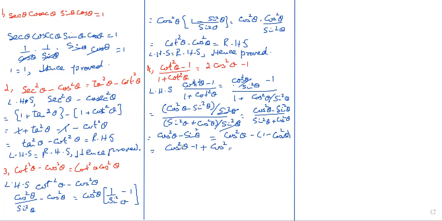So now cosine square theta plus cosine square theta is 2 times cosine square theta minus 1, which is equal to the right hand side. So now left hand side equals right hand side. So it is proved.